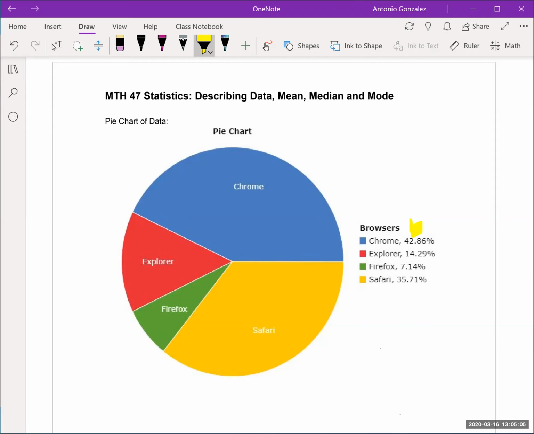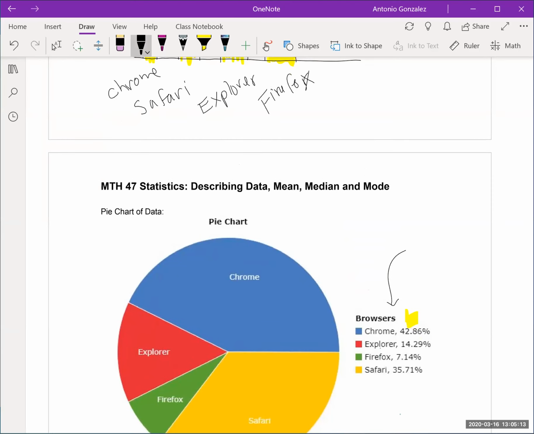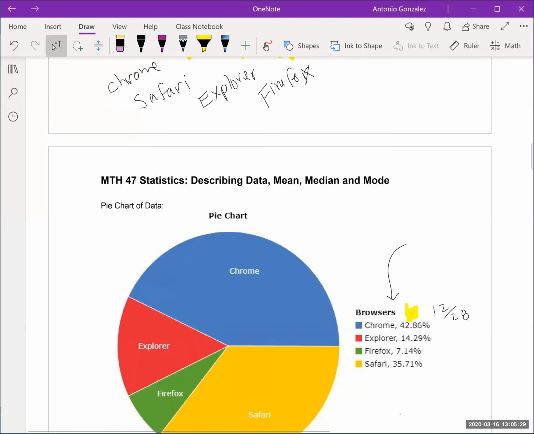And again, how do we get these numbers, the percentage ones? Looking at our data, Chrome was 12 out of 28, Explorer was 4 out of 28, Firefox 2 out of 28, and Safari 10 out of 28.